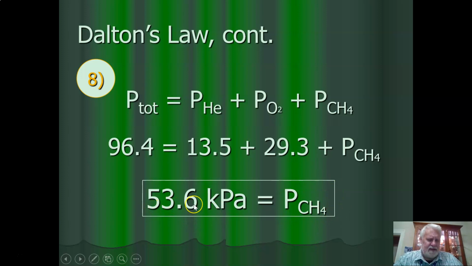If you just have this number with a unit hanging out there without any explanation, there's a lot of variables here, so you have to explain which one this one is. And even though it's right here, rewrite it. The partial pressure of methane is equal to 53.6. Okay? So that is number 8.